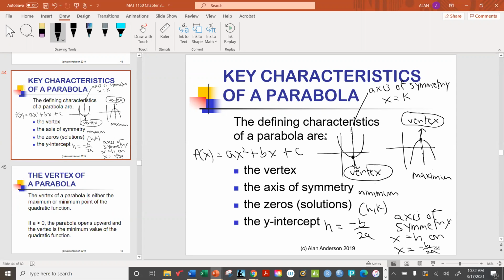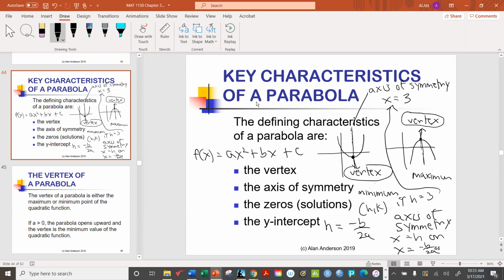So for example, if h equals 3, then x equals 3 would be the axis of symmetry. In this case, if h equals 3, then our axis of symmetry is simply the vertical line x equals 3.